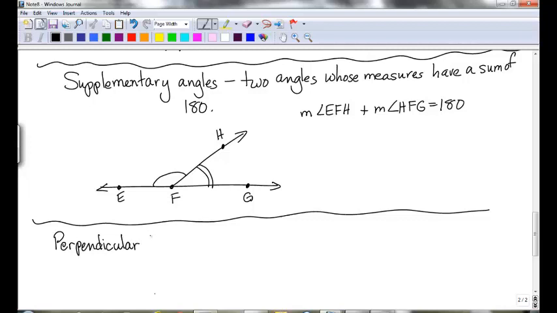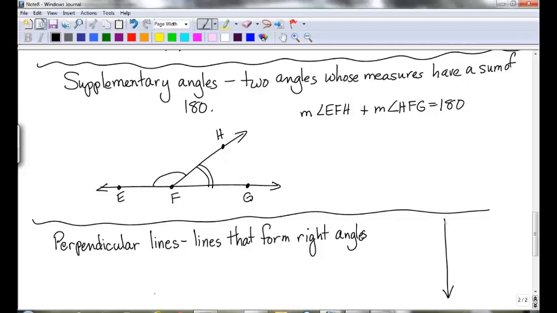The last thing, perpendicular lines are lines that form right angles. And this shouldn't be anything new. If this line is perpendicular to this line, the author's just going to show you a little right angle in here.